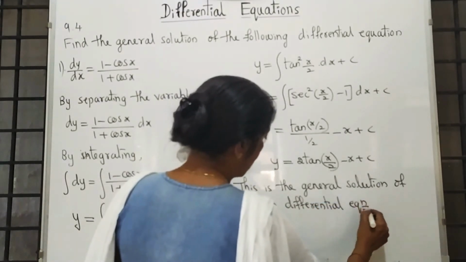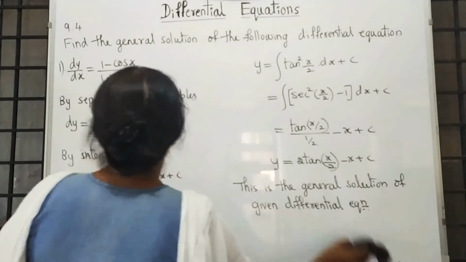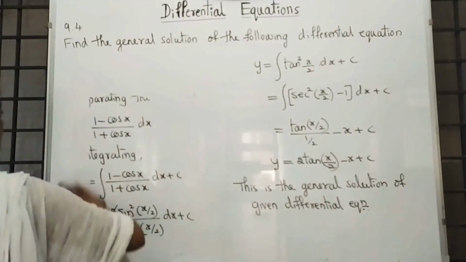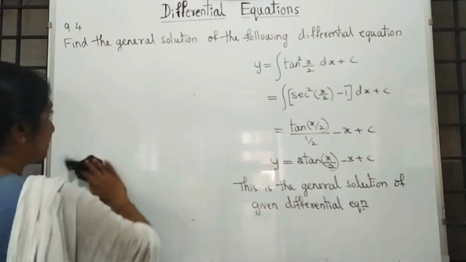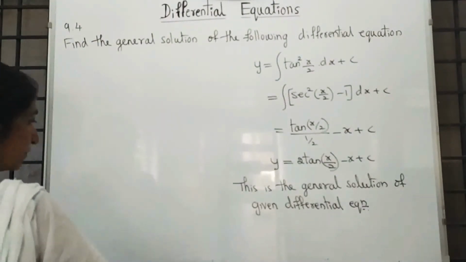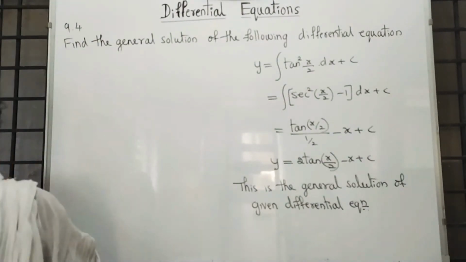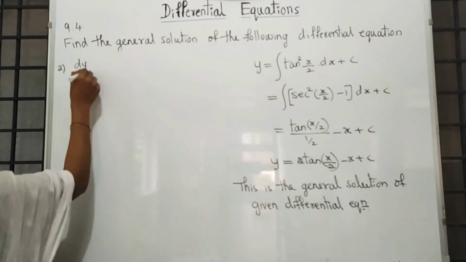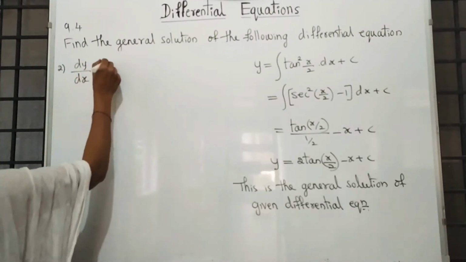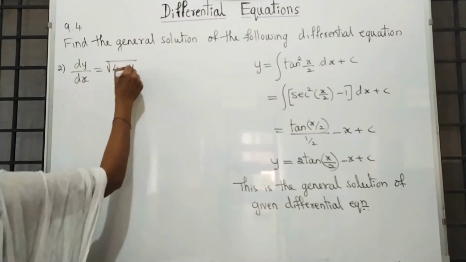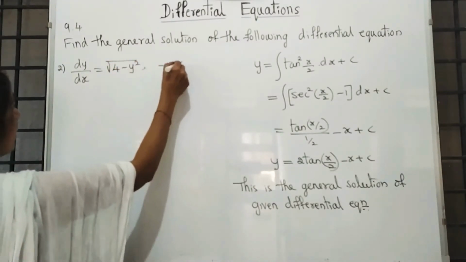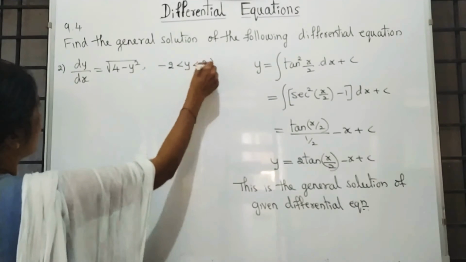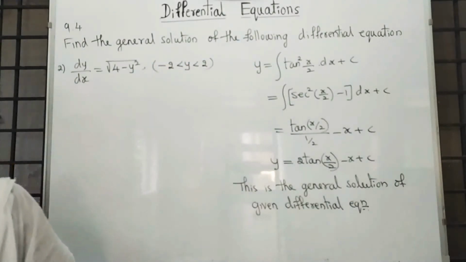Given differential equation. Yes. Moving to the next question, that is question number 2. dy upon dx is equal to root of 4 minus y square, where y is in between minus 2 to plus 2.